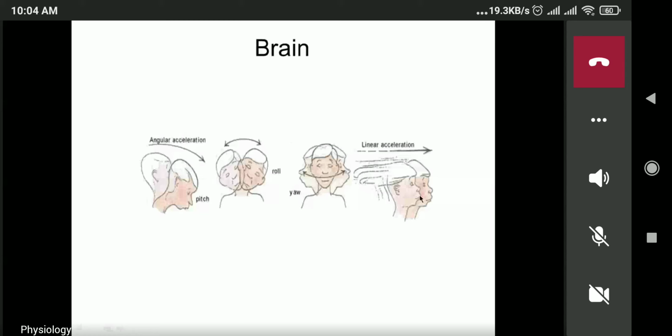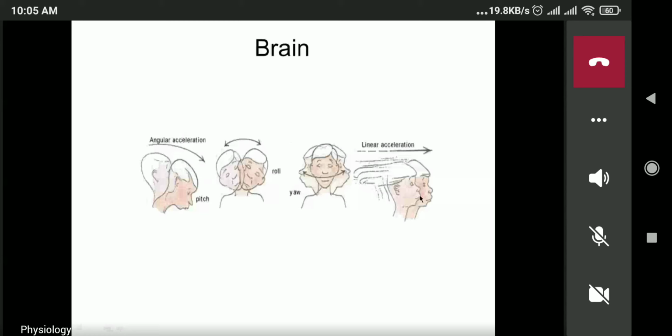When you are driving a motorcycle or scooter like that, which hair cells are activated? The hair cells in the macula of the utricle. And when you are going up and up by an elevator or by a lift, which one is activated?